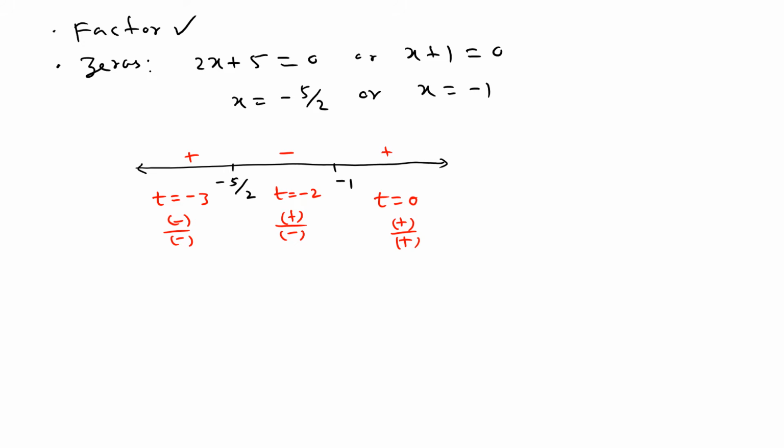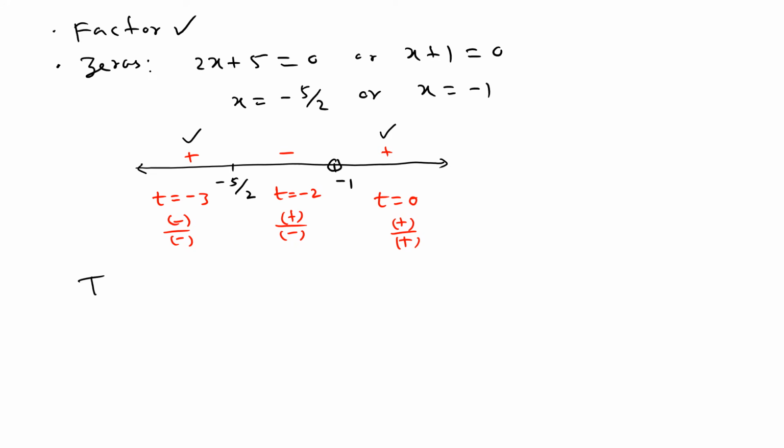Don't forget to remove zeros of the denominator. We remove negative 1 because that's a zero of the denominator. Now we are looking for where it is positive, that means this and that, so those are the answers.